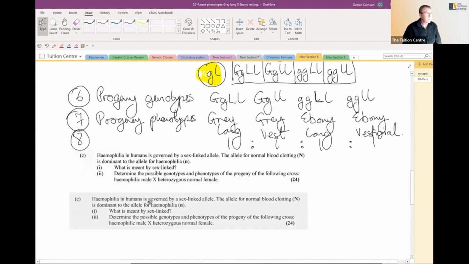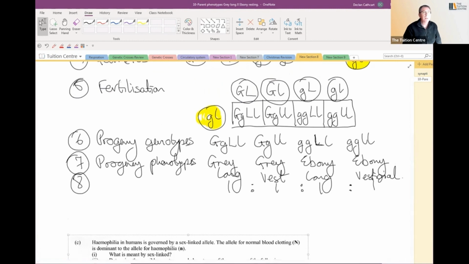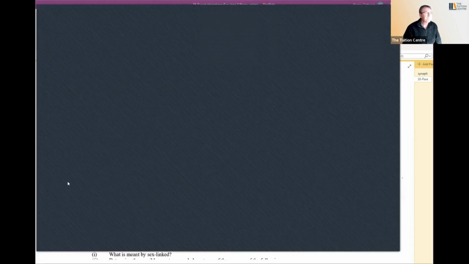So I want to talk about chromosome diagrams. So just have a look there. Just going to new share.